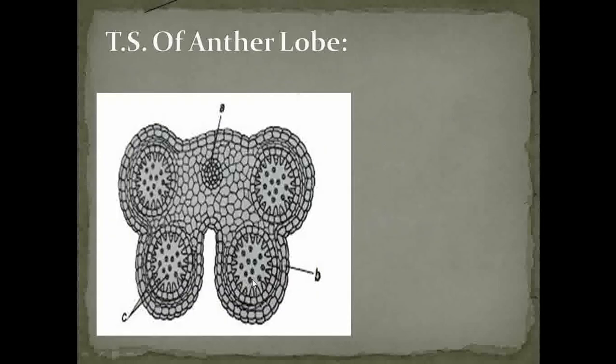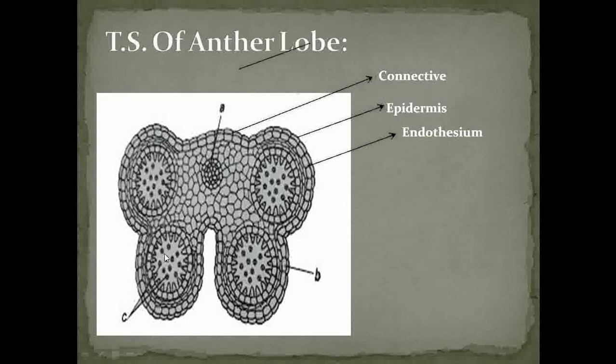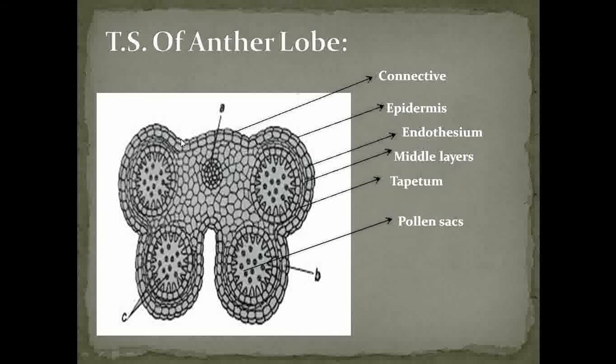Next we see, when we take the transverse section of the anther lobe, we are going to observe a structure like that. The structure shows the presence of four pollen sacs, and in these four pollen sacs, numerous microspores are present. The first layer of that microsporangium, the outermost layer, is called the epidermis.